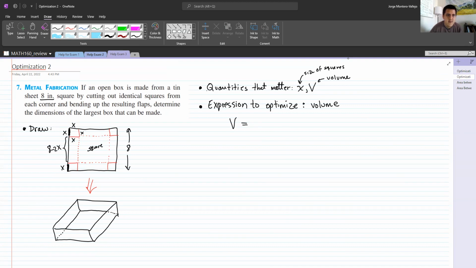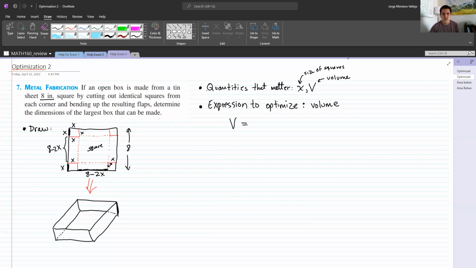Because x here and x here sum up to 2x, and then what's left is 8 minus 2x. Now over here, the same thing happens. You are removing x here, you are removing x here, and so this is 8 minus 2x. So when we come back to our already built open box, this side over here comes from putting these two together.